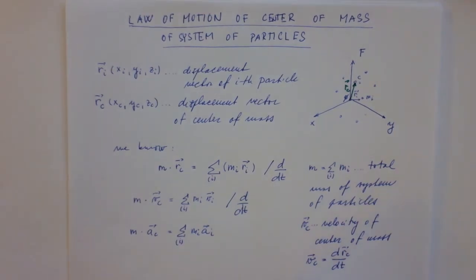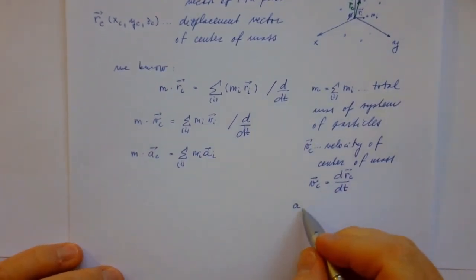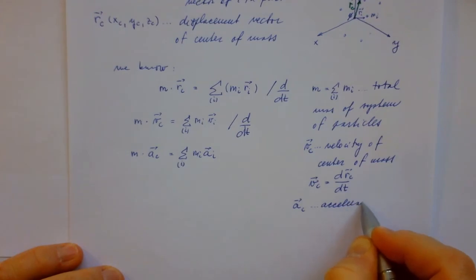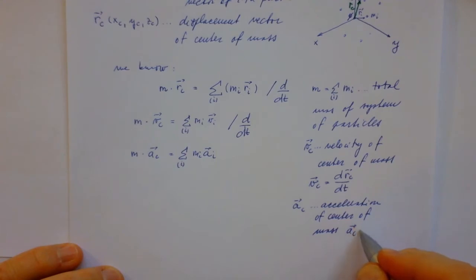So ac is the acceleration of the center of mass, because acceleration is dVc over dt by definition. Acceleration is a derivative of velocity with respect to time.